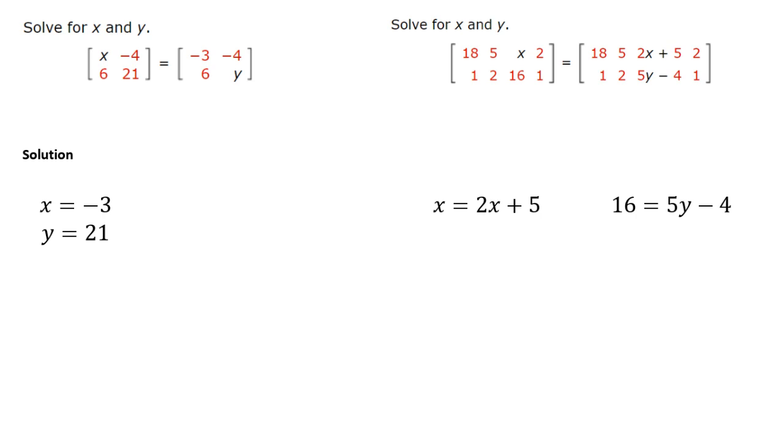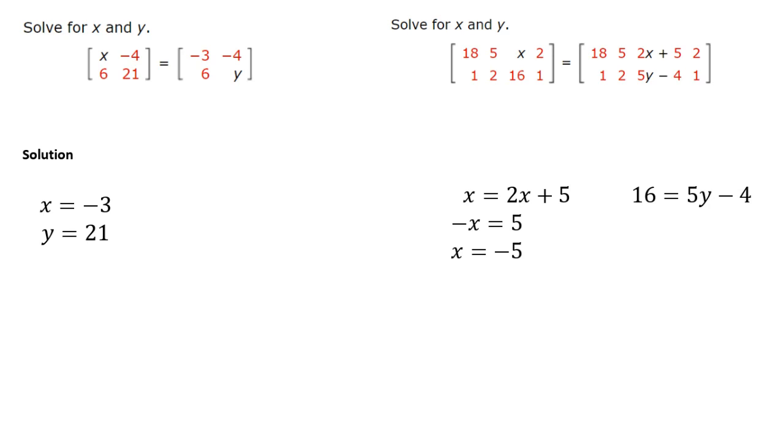So now we can just use algebra to solve. On this particular one, we're going to subtract 2x on both sides. So x minus 2x is a minus x, leaving me with 5, multiplied by a -1 on both sides. So x equals -5.